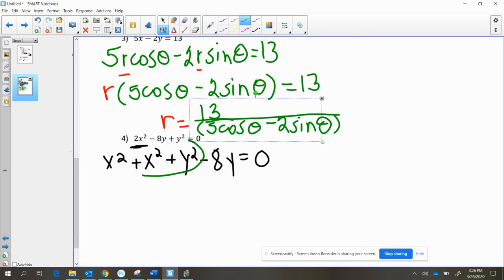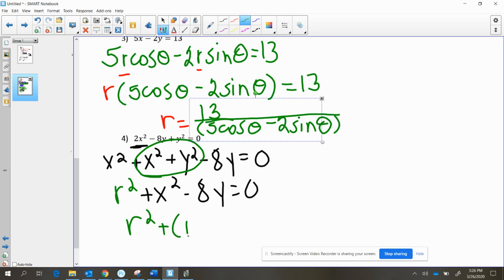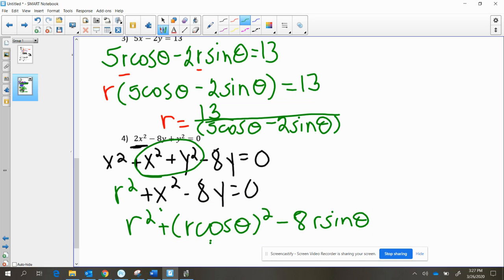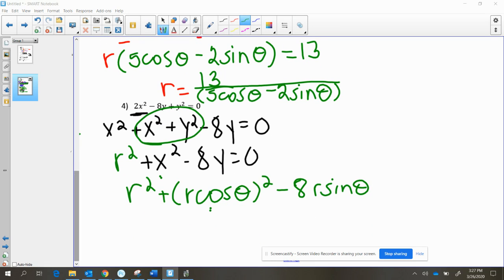We can take x squared plus y squared and make that r squared. Now we still have this plus x squared minus 8y. But something else that we're able to do is, as we're converting through, start plugging in for x, our r cosine theta, and for y, our r sine theta. Now notice we had x squared here, so it's still our r cosine theta quantity squared down there.